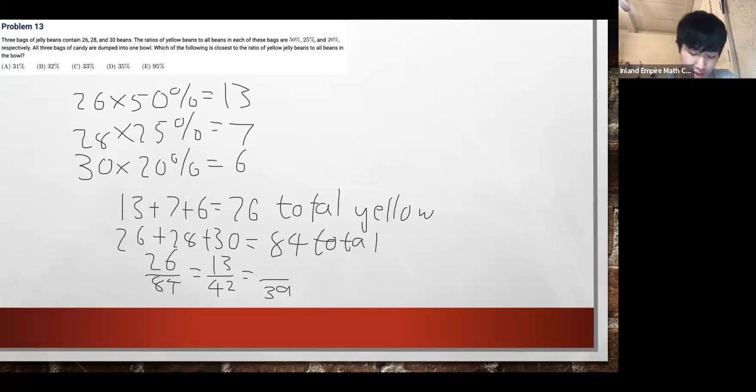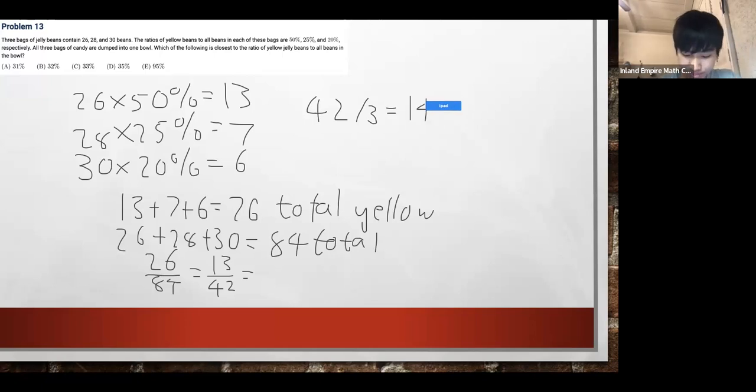However, because there are 42, which is slightly more, that means that if we divide 42 by 3, we get 14.